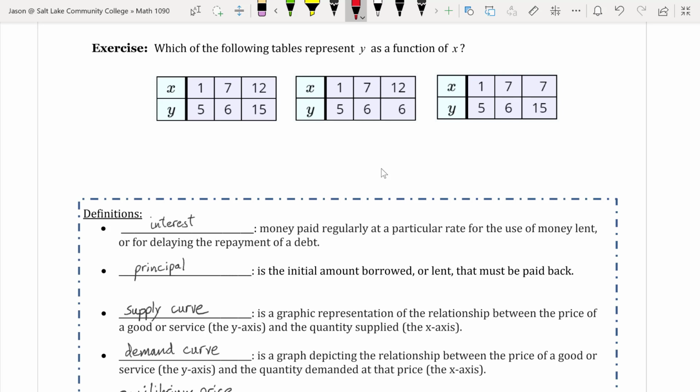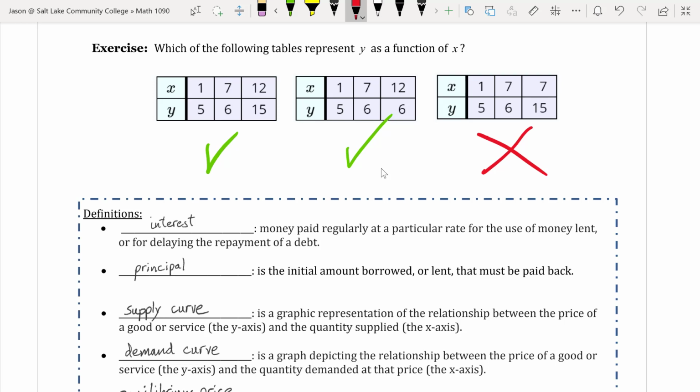So we have a repeat in our y values, but that doesn't matter because 1 is only being mapped to 5, 7 is only being mapped to 6, and 12 is only being mapped to 6. So these first two tables are functions. How about this third one? Here we have a problem because 7 is getting related to 6, but 7 is also getting related to 15. That is not a function.